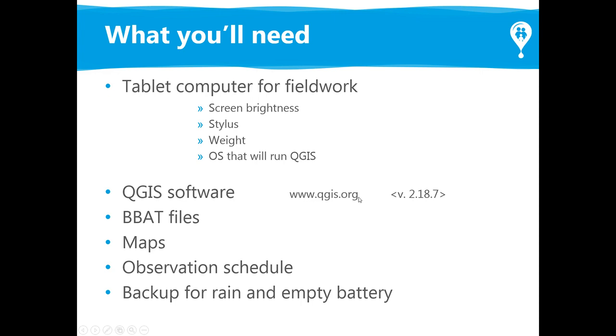BBAT was developed on QGIS version 2.18.7, but I'm pretty sure that the latest and greatest version will also support the package that you will download. The BBAT package files are located on the same website. You can download them as one zip file. Everything is in there.